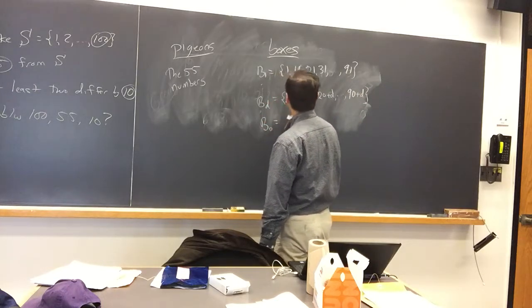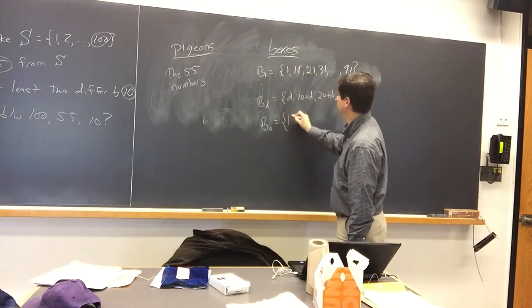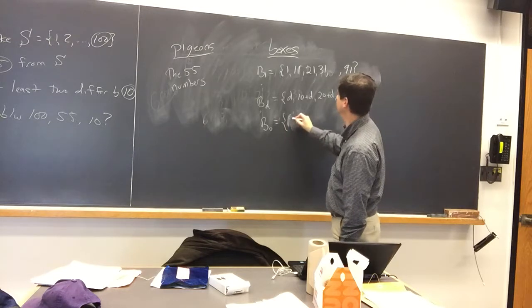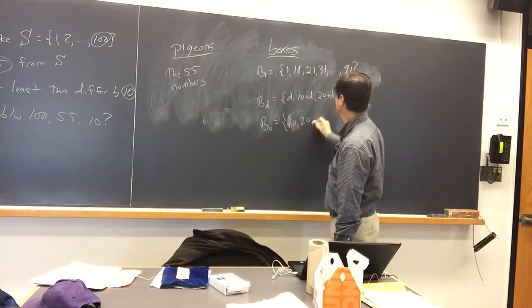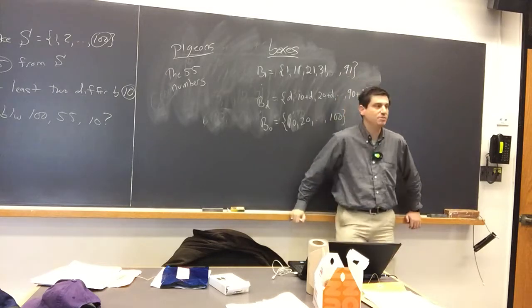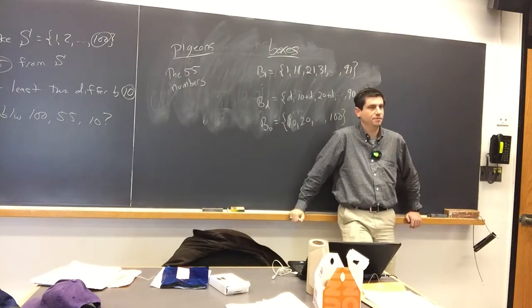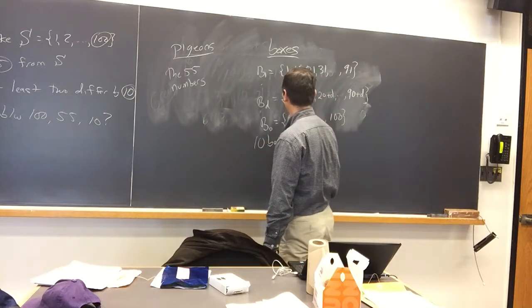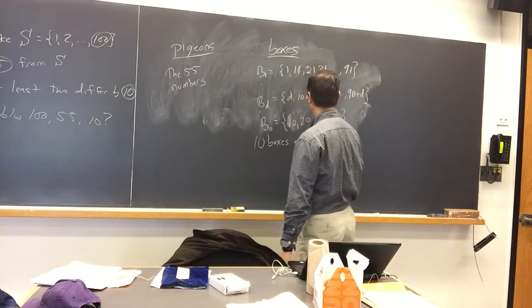We should be a little bit careful. I'll put the 100 at the end. So it'll be 10, 20, dot, dot, dot, 100. So all boxes actually have the same number of elements. So we have 10 boxes of 10 elements.